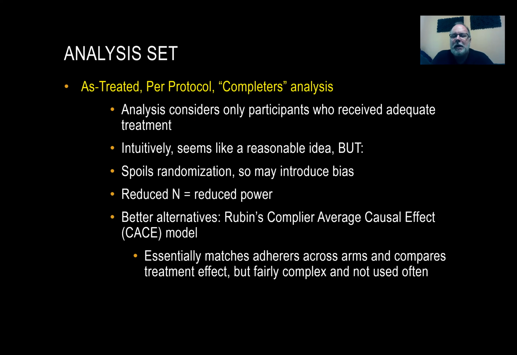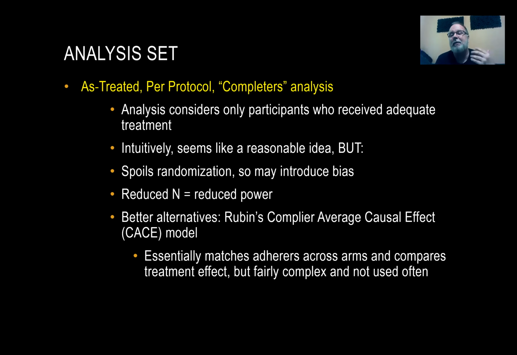There's another animal called as treated or per protocol, the so-called completers analysis. You'll see this a lot in papers. They'll give you the ITT, but then they'll also say, now we looked at people who really did participate to our satisfaction, had satisfactory participation and completion of the intervention. Intuitively, that seems like a really good idea, but the problem is that it does spoil randomization.